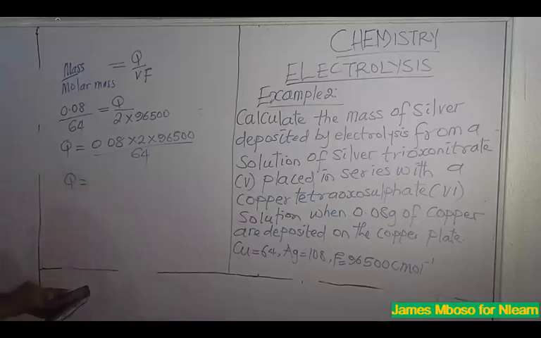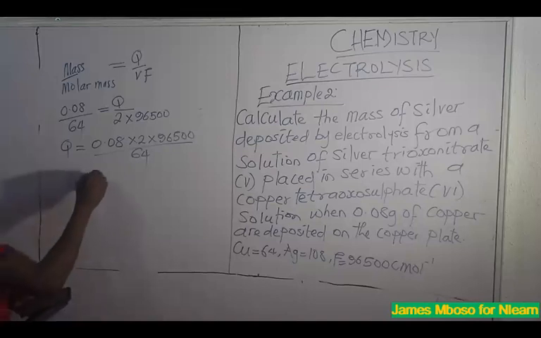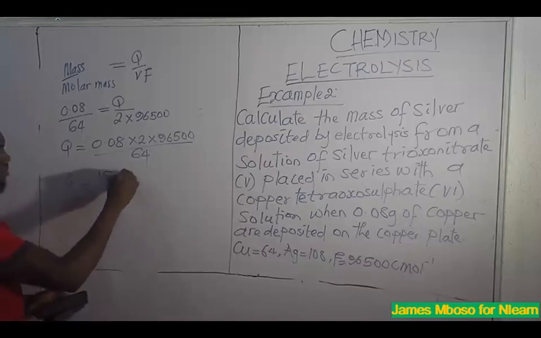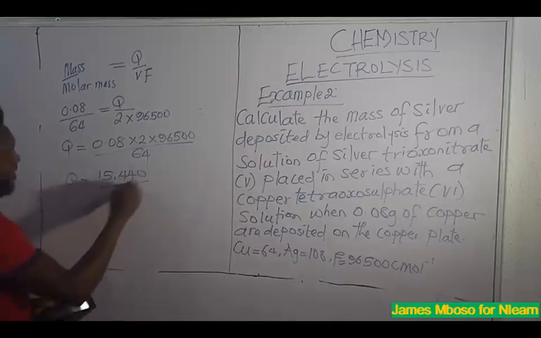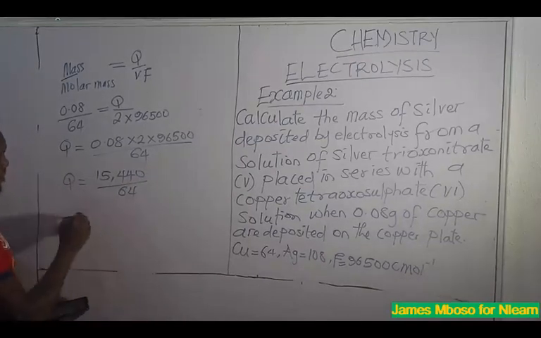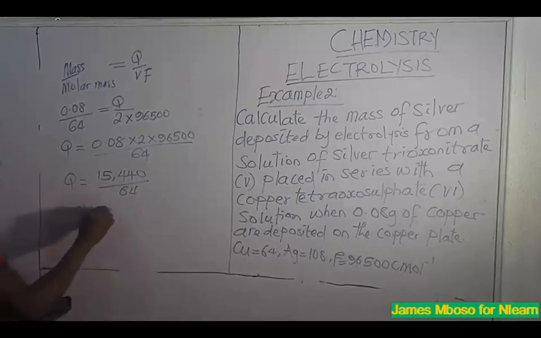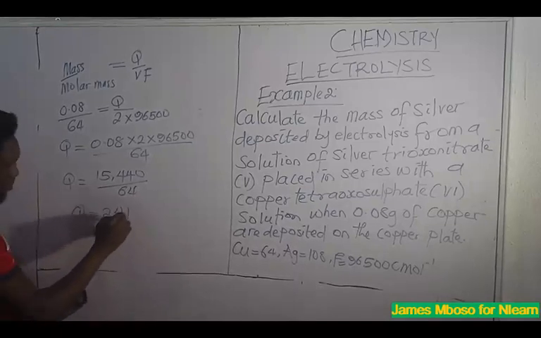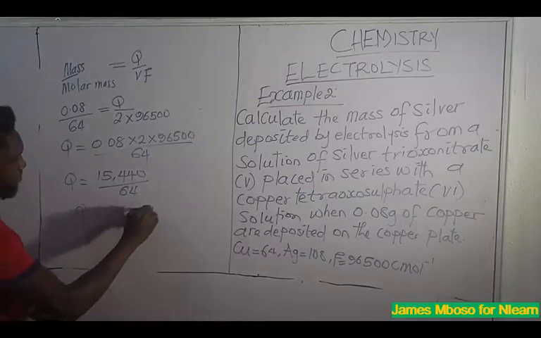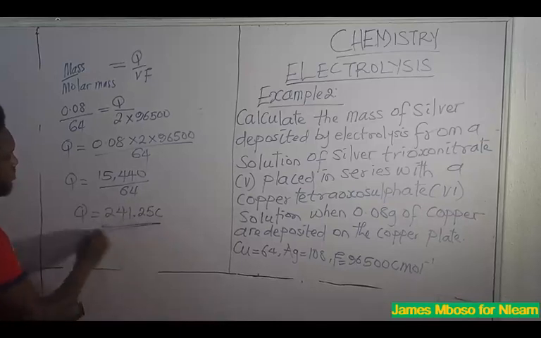Our Q becomes 0.08 times 2 times 96500. We have 15440 divided by 64. Our Q equals 241.25 coulomb of electricity.